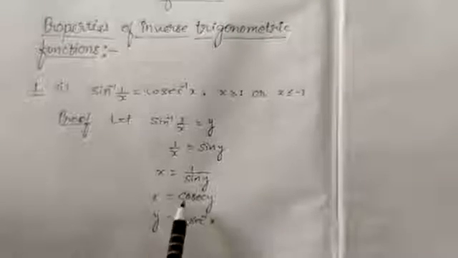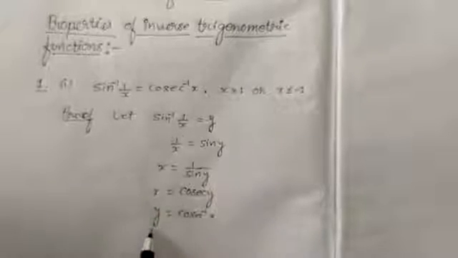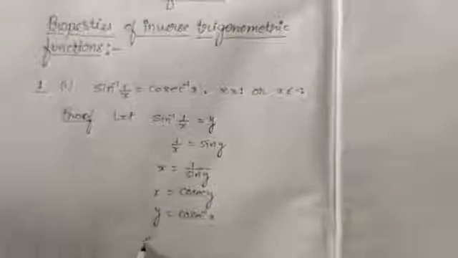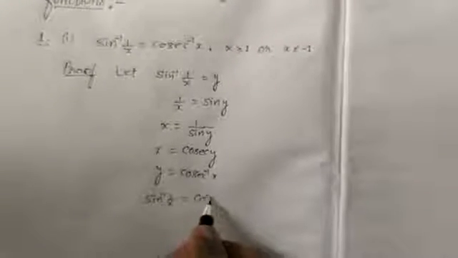Now see here, y is equal to sine inverse 1 upon x. Can we put here the value of y? Sine inverse 1 upon x is equal to cosec inverse x. Hence this property has been proved.